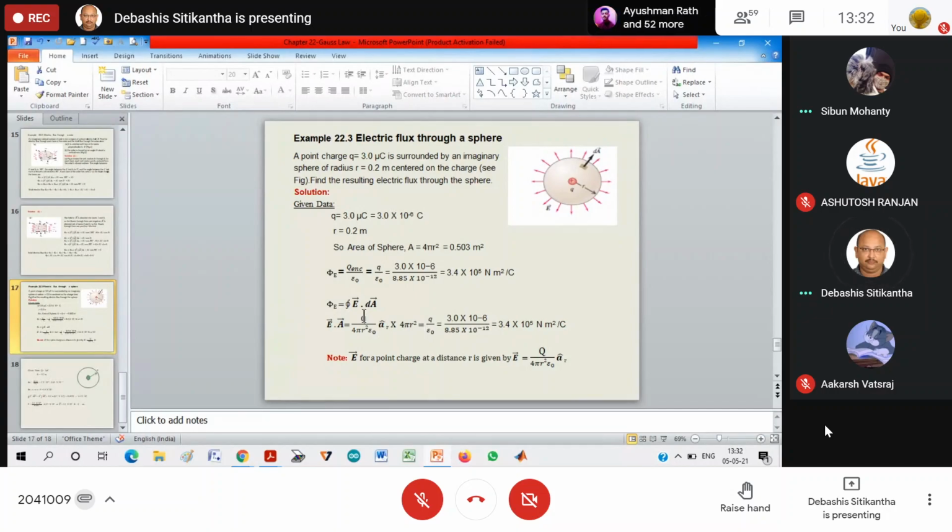This term multiplied with 4 pi r square, how much are you getting? 3.4. So if we take 3 into 10 to the minus 6 by 9 into 10 to the power 9 into 0.2 square, then 1 by 4 pi epsilon equals 9 into 10 to the 9.